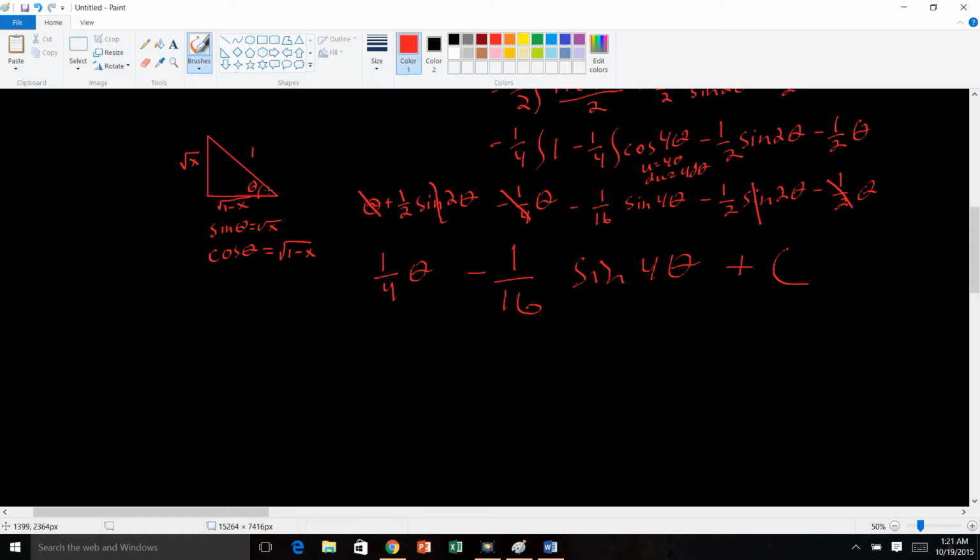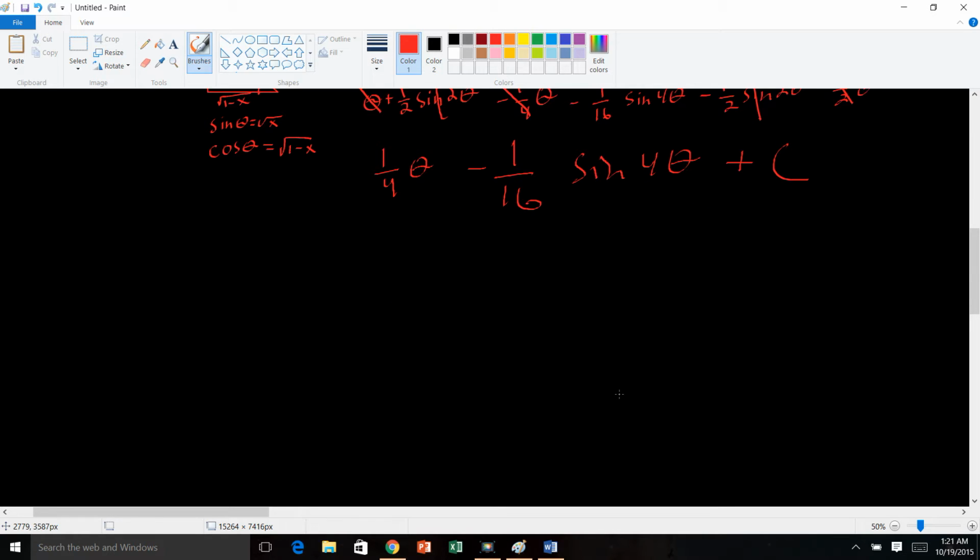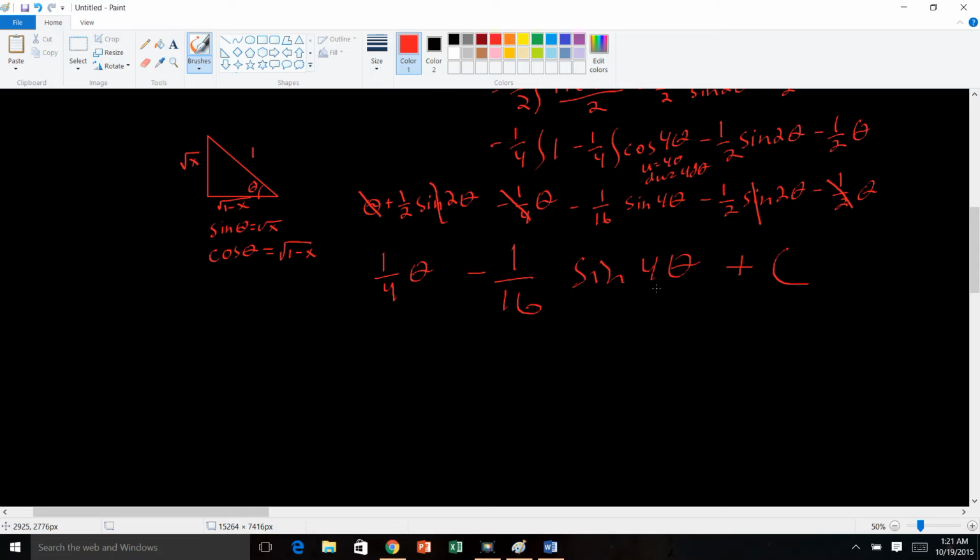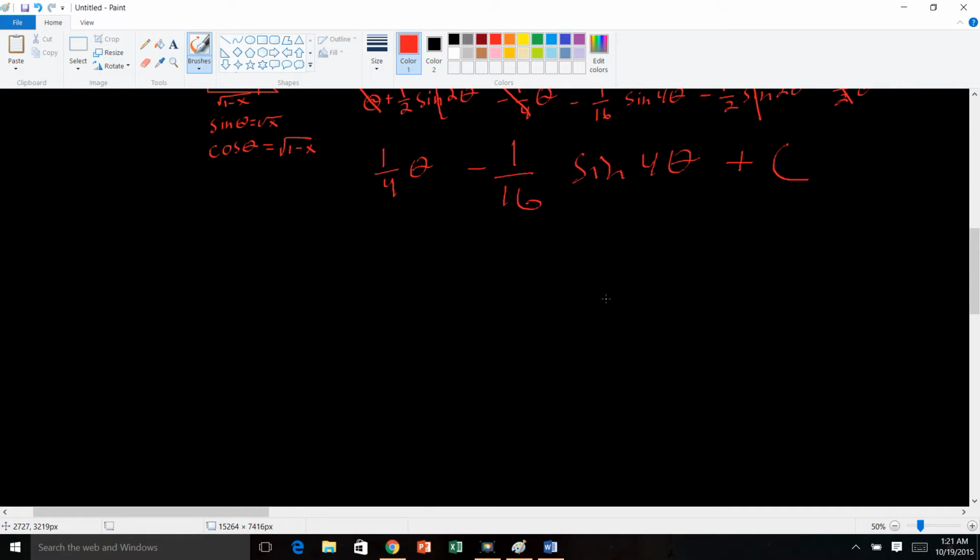To get these in terms of x, let's solve for this. We know sine 4 theta is not in our parameters, and there's no way really we're going to be able to solve for that besides having to do some more tedious trig identities. So we have minus 1/16.